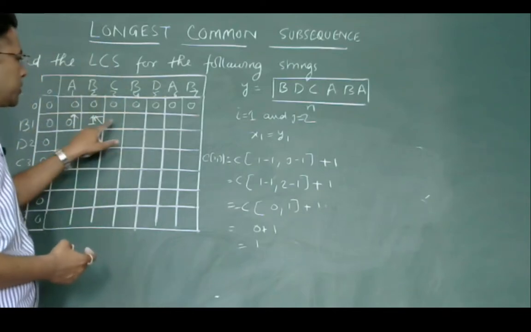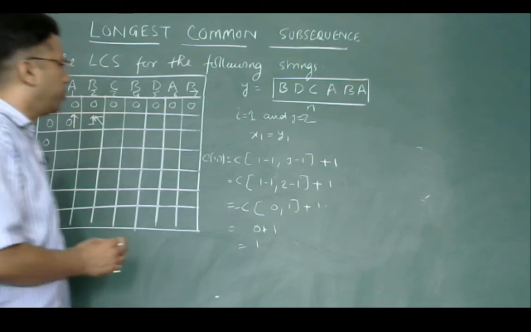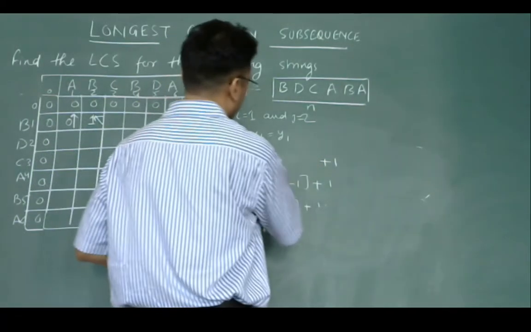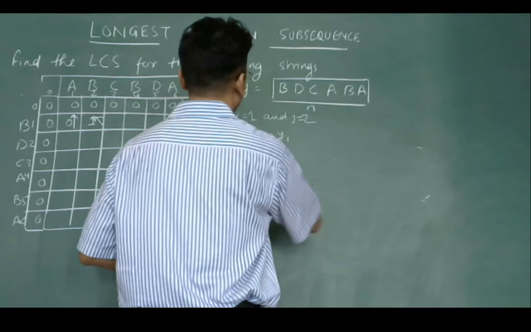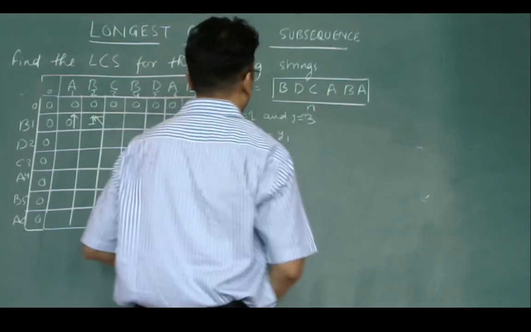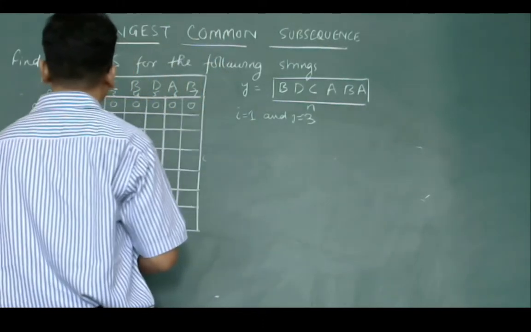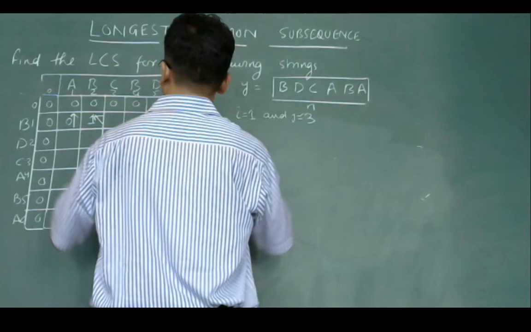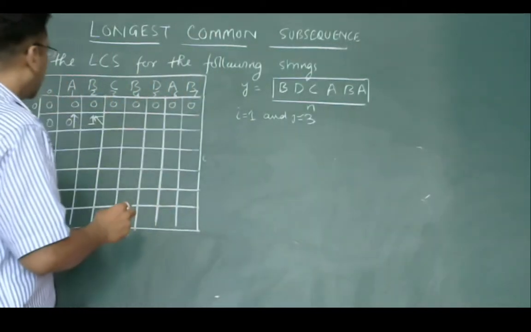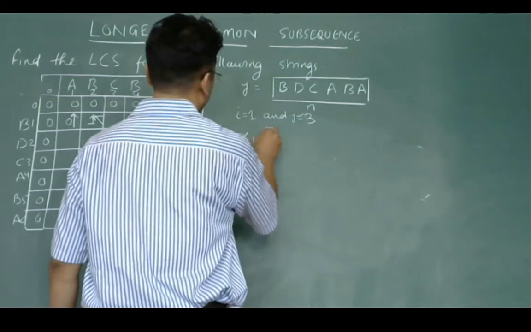Now after this, we shall calculate the value at c[1,3]. In this position, i is equal to 1 and j is equal to 3, xi is not equal to yi.